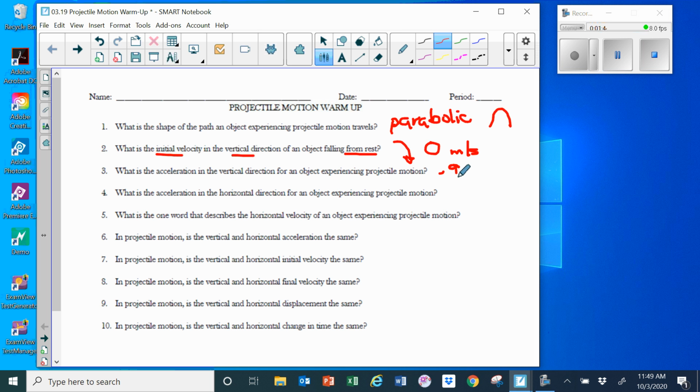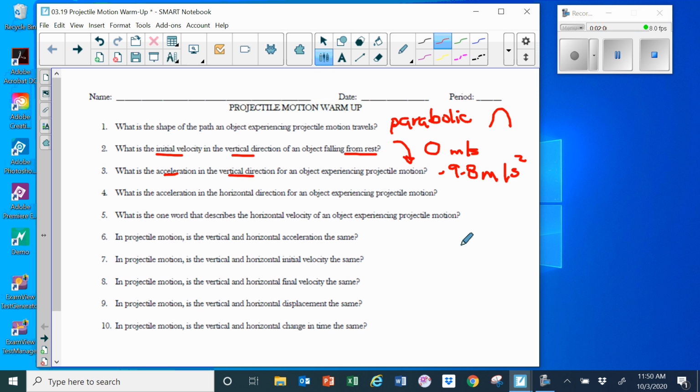It's going to be minus 9.8 meters per second squared. Always, from the beginning until the end, the acceleration in the vertical direction will always be that. So a lot of these things are what I would call givens, things that are always true.